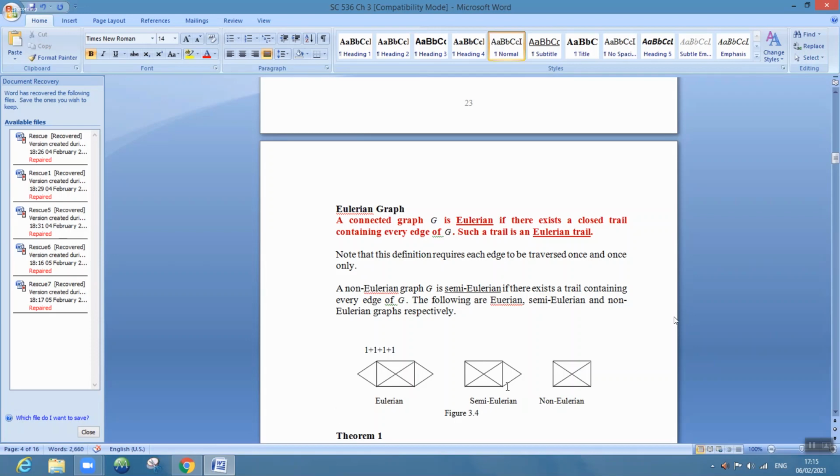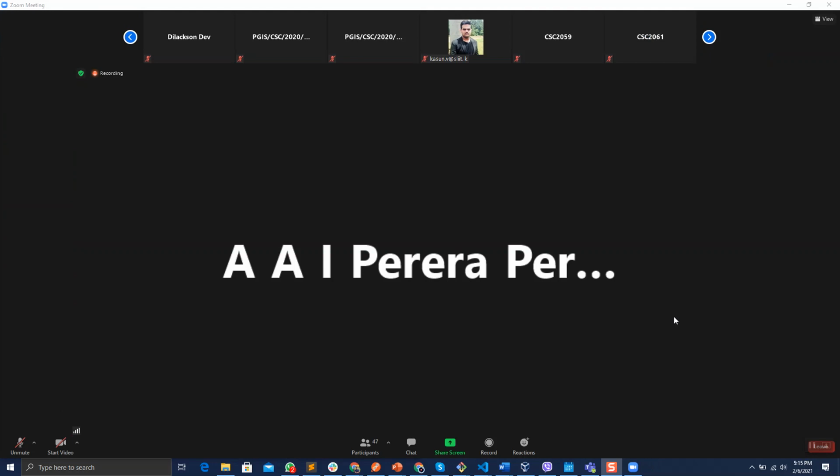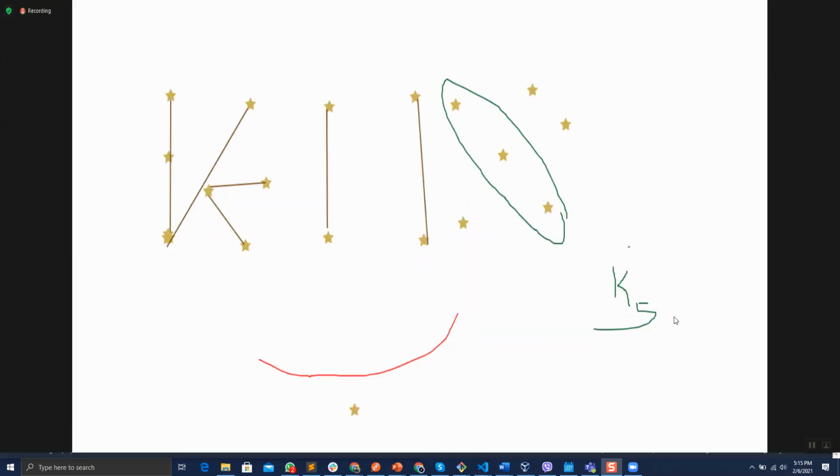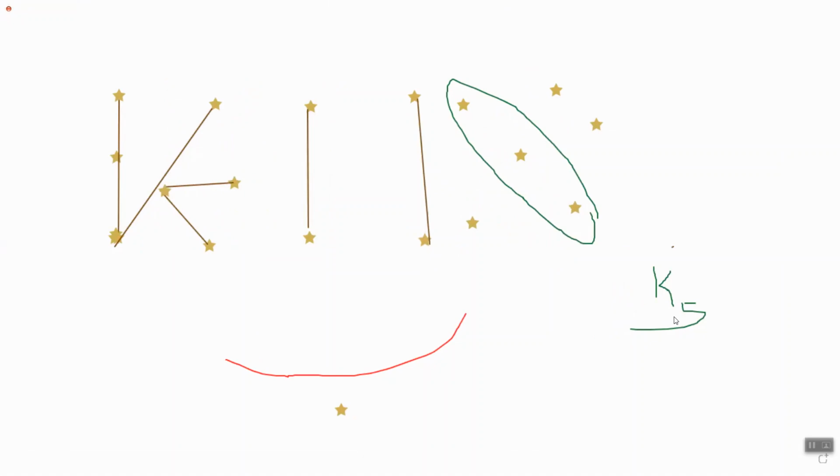For Eulerian, we have to find the closed trail. In the trail, edges are distinct. So if you start from somewhere here, take this graph. First one, second one.